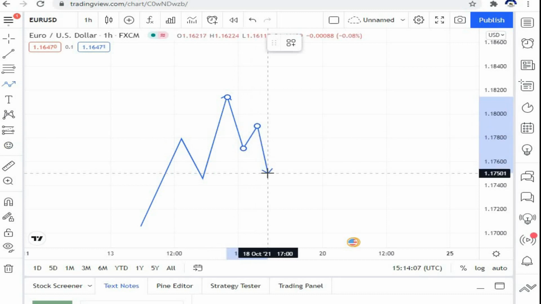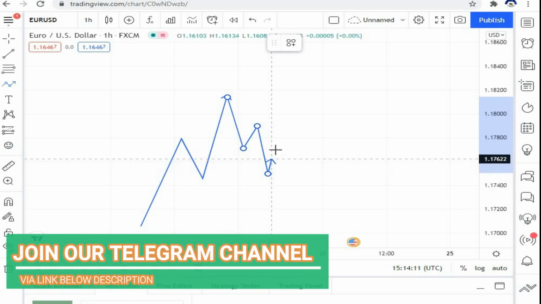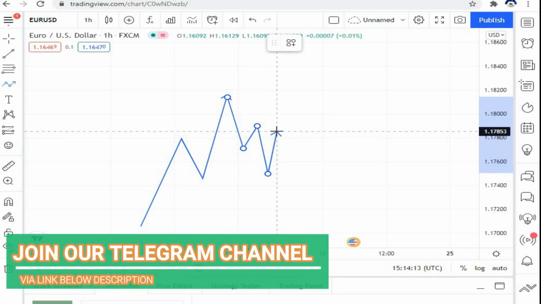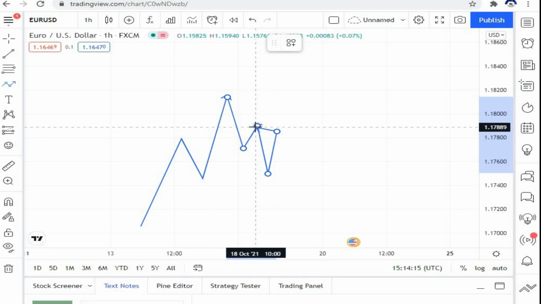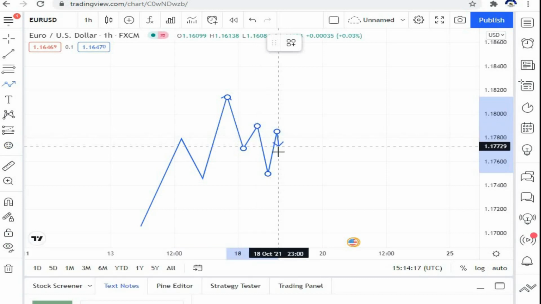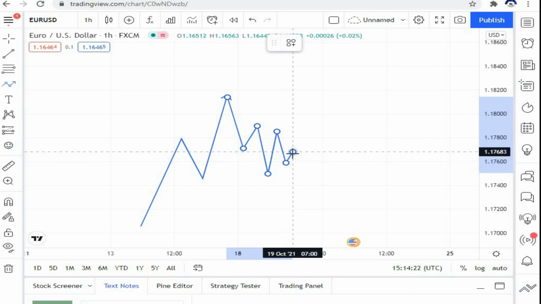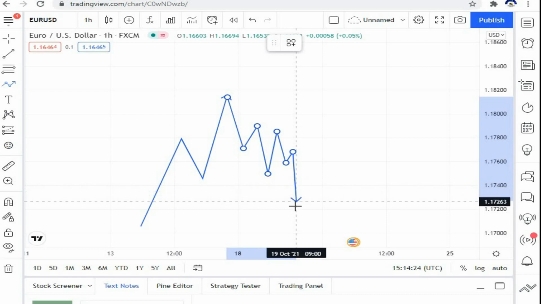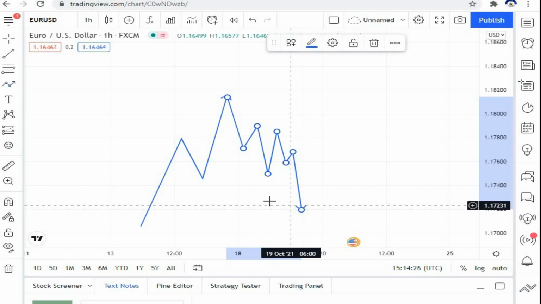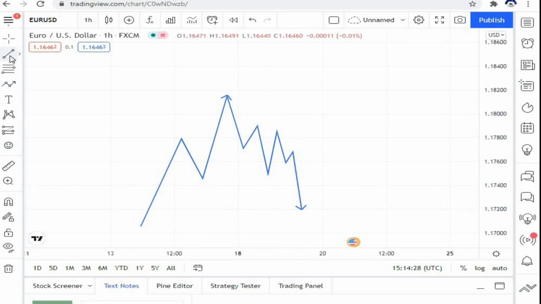Then price will go down, and then after going to the order block zone area, you want to see price going up. But let's say the price fails to break the previous low high, then it will create something like this: drop, base, drop. This is another type of failed order block as well.